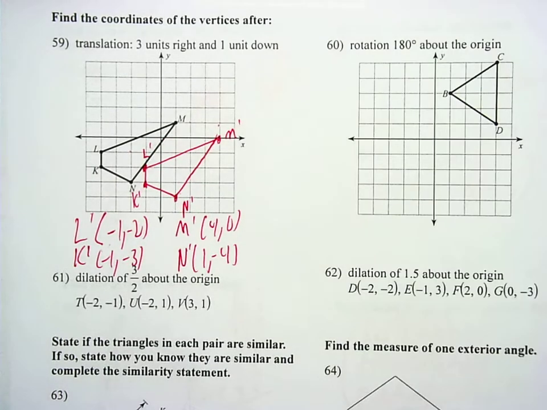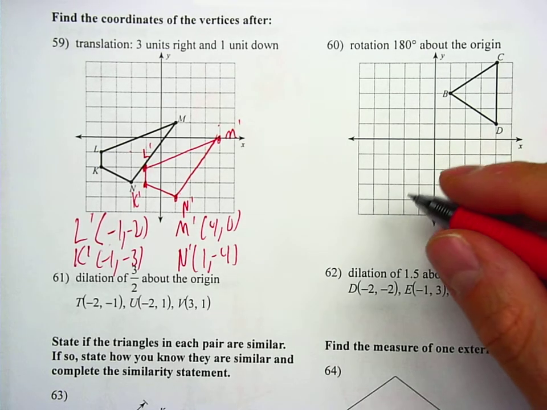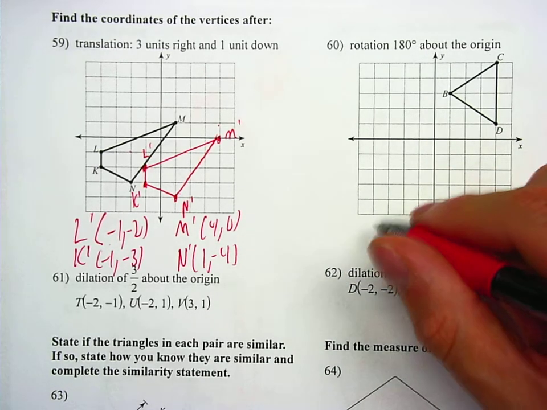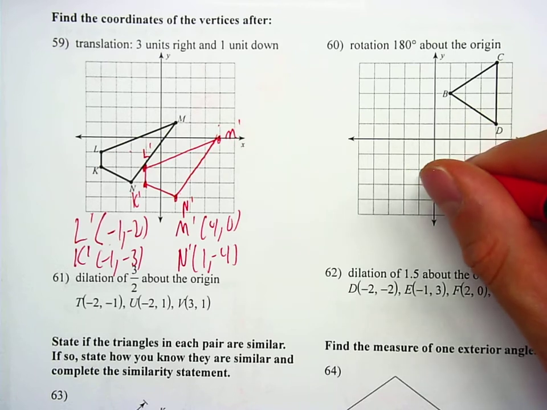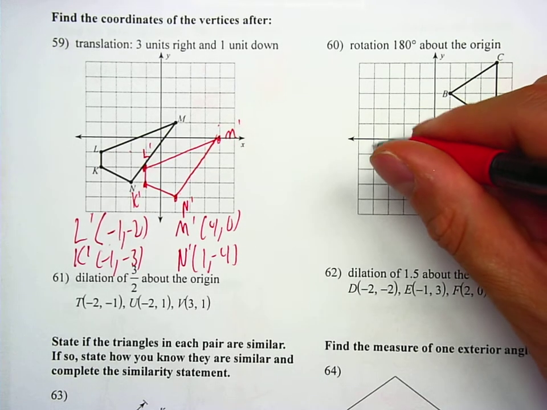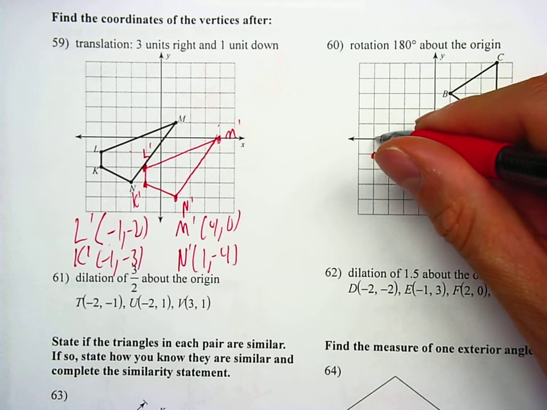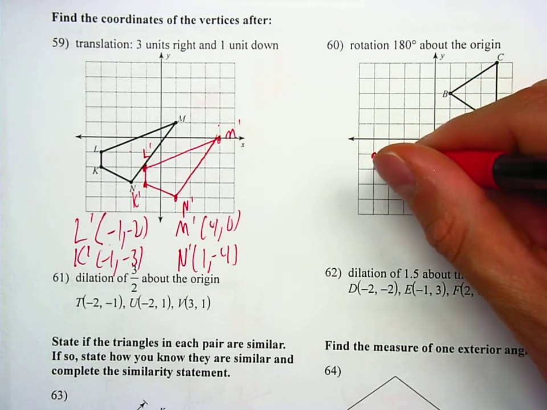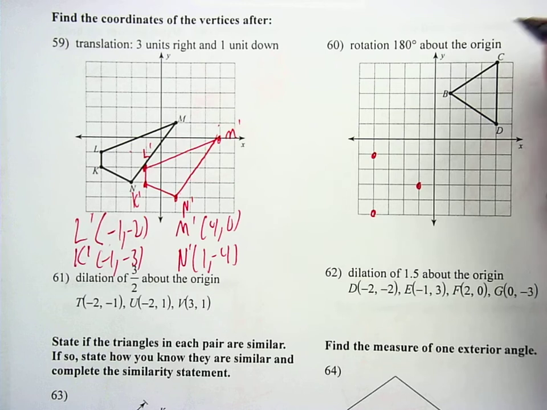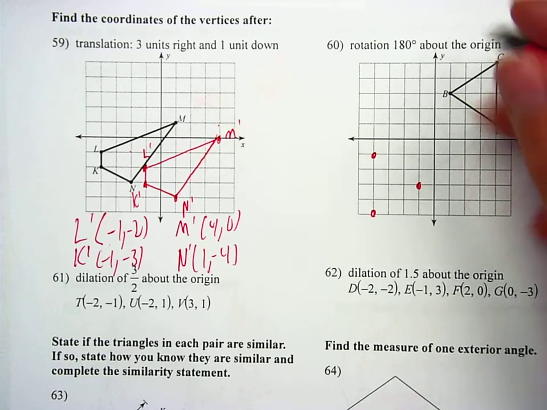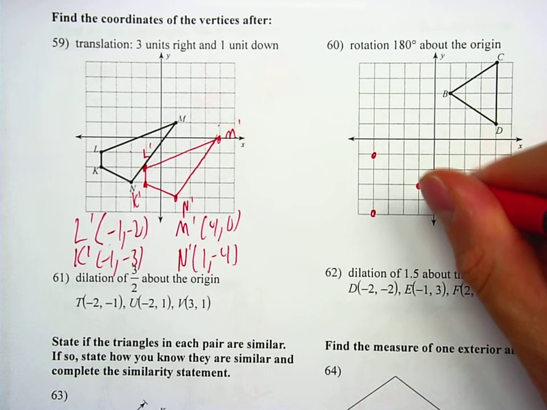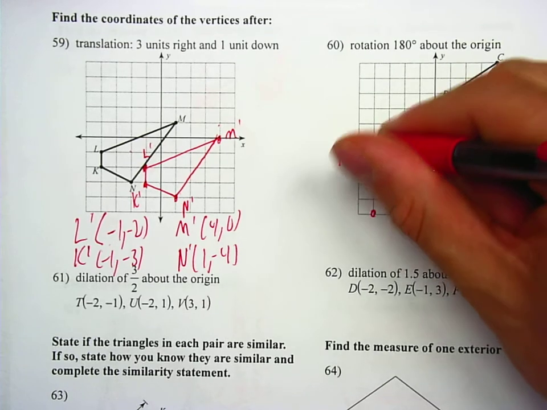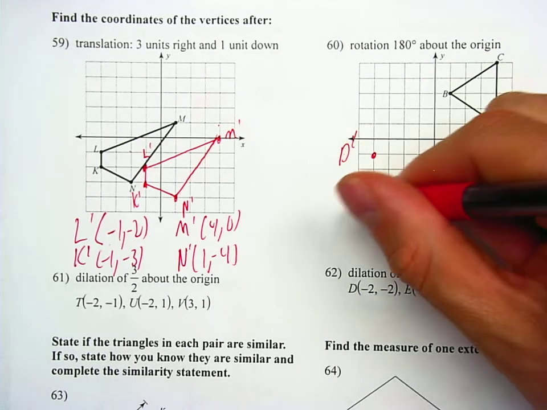And in other words, they're all in quadrant 3. It might be useful for you to spin your paper, write down the coordinates, and then plot them. So -1, -3, -4, -1, and then -4, -5. There's my image. So this is B's image, this is D's image, and this is C's image.